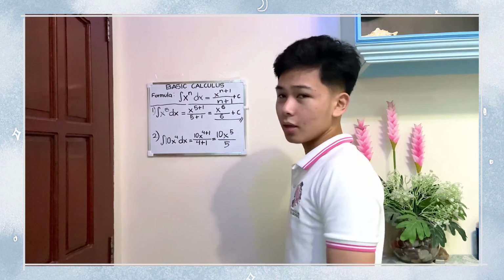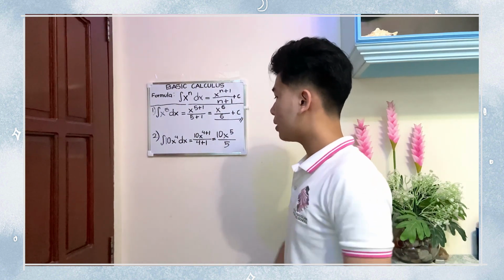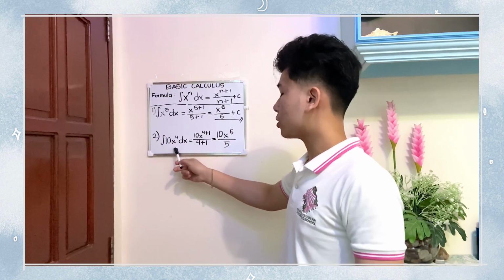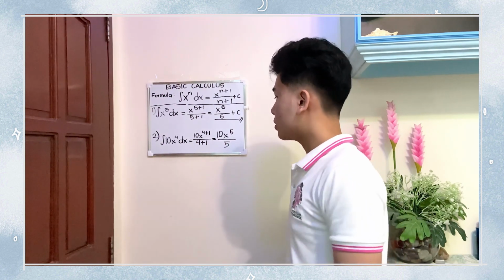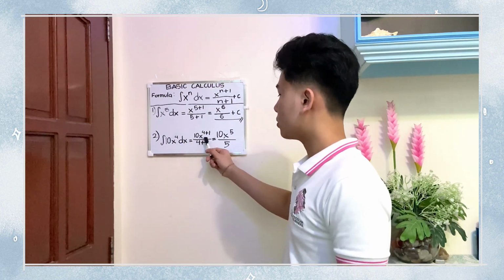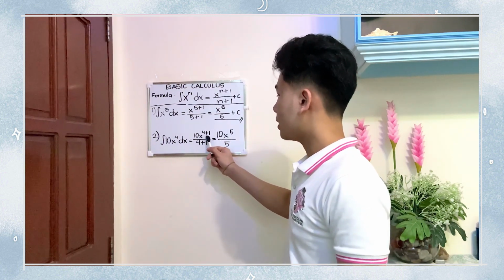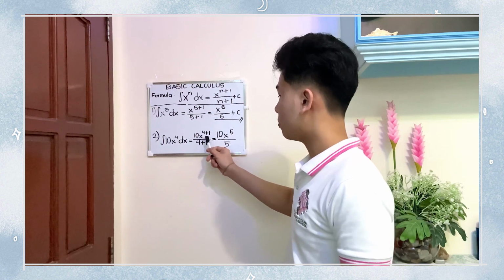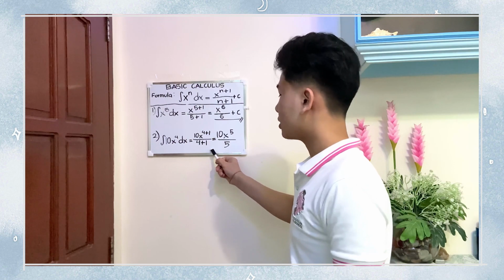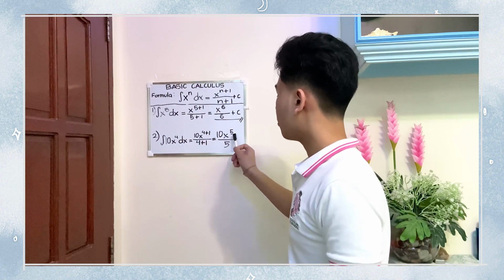On my second example, we have the integral of 10x to the power of 4 dx. As you can see here, I just copied 10x to the power of 4, then added 1 to the exponent. Then I brought down 4 plus 1. If you solve this, it will give you the answer 10x to the power of 5 over 5.